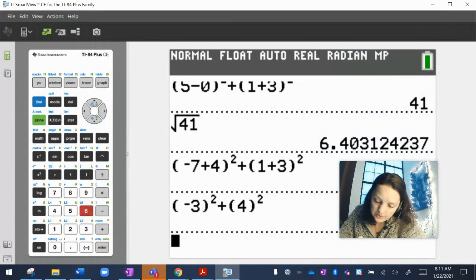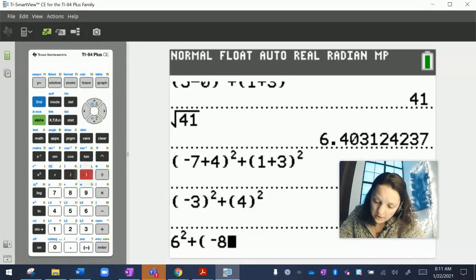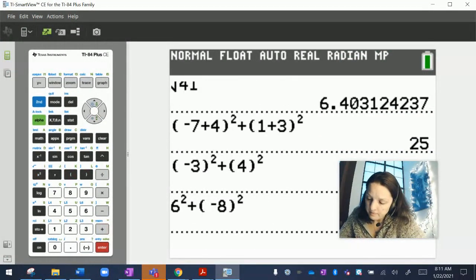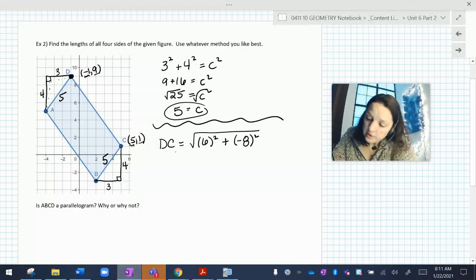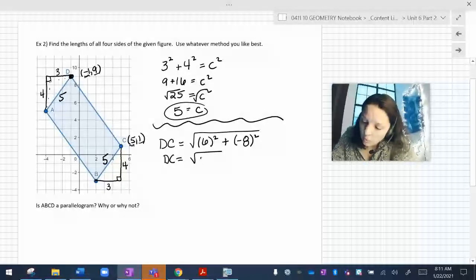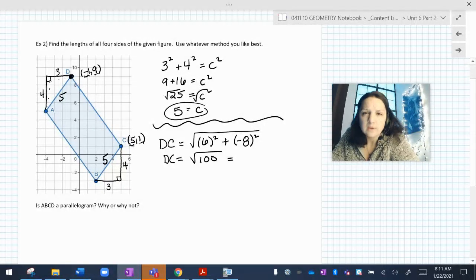Calculator. 6 squared plus negative 8 squared is 100. So then DC is the square root of 100. And the square root of 100 is what times itself equals 100? 10. So I now know DC is 10.